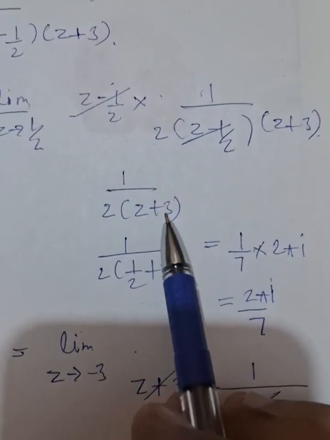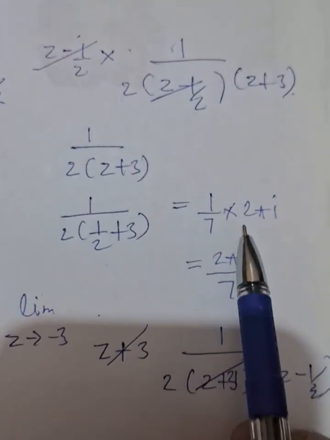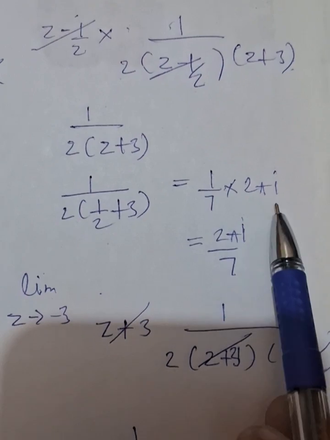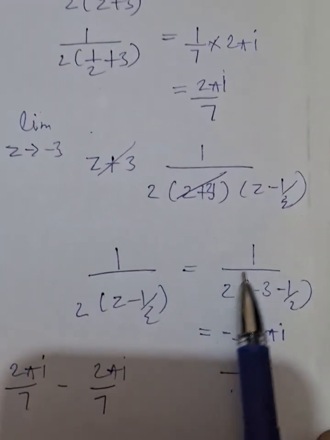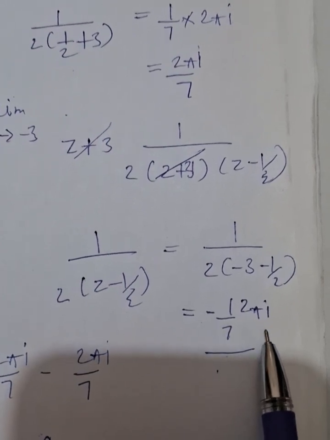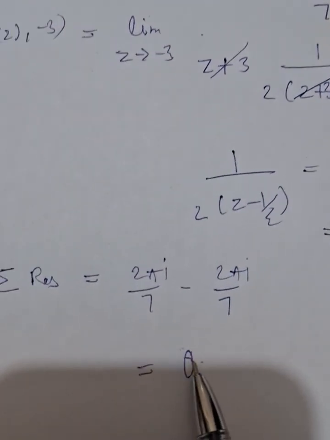Both the terms cancel out, we are left with this equation, and we put the z value as 1 by 2, we get 1 upon 7, and we multiply it by 2πi. Similarly we did for the point minus 3, and after calculation we get 2πi upon 7 but in negative. After adding both the results, we get our answer as 0.